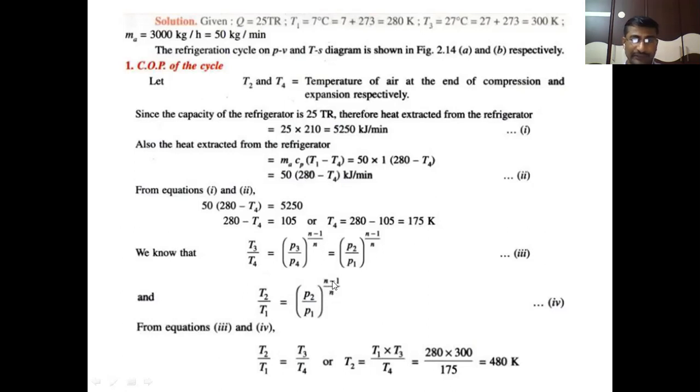From equations 3 and 4, the right-hand side values are equal. Then by equating the left-hand sides, T2 by T1 equals T3 by T4, and from this we can calculate T2 as 480 kelvins, because all the remaining temperatures are known. T2 is 480 kelvins.